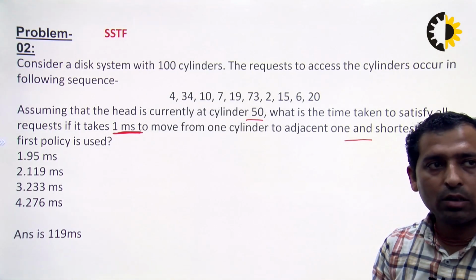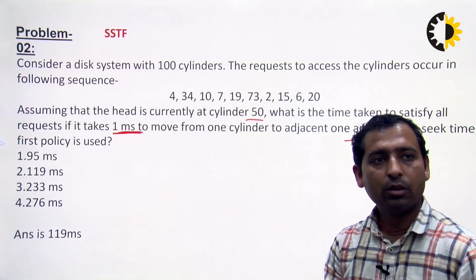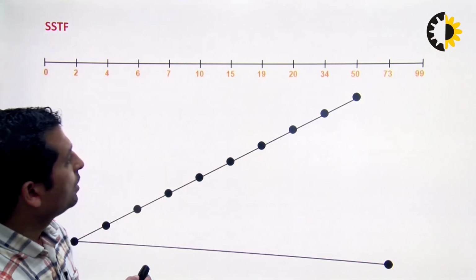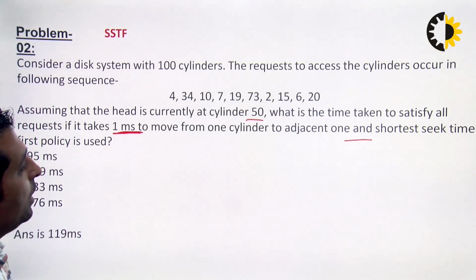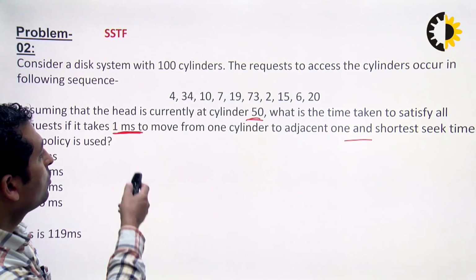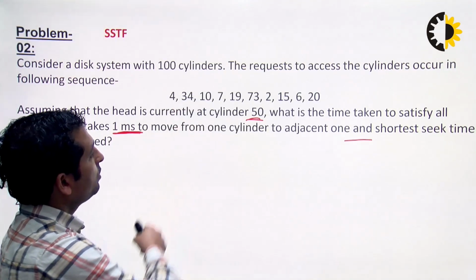So you can solve this request sequence with the help of SSTF. Currently the head is at position 50. Which request will be served?